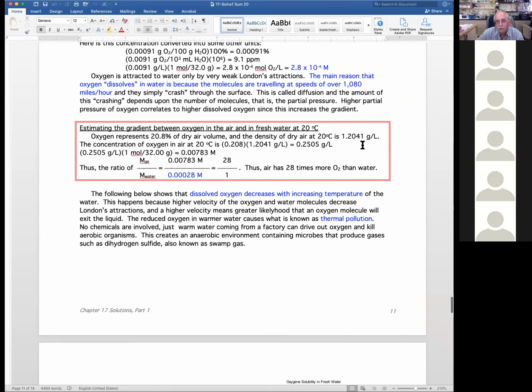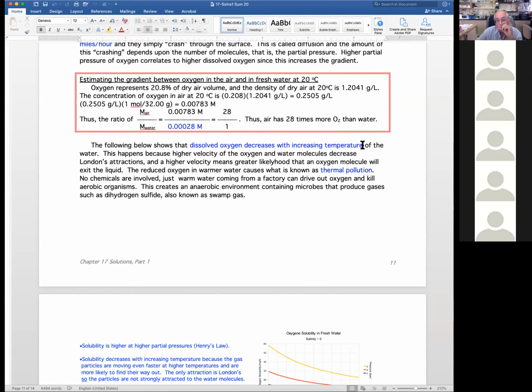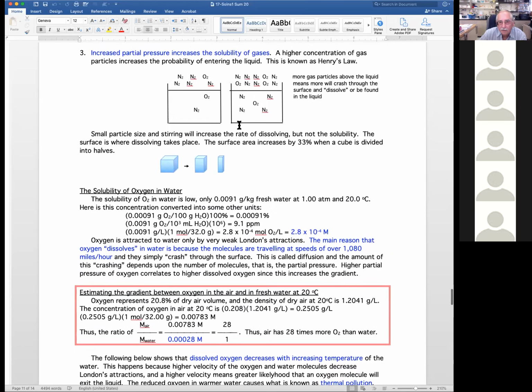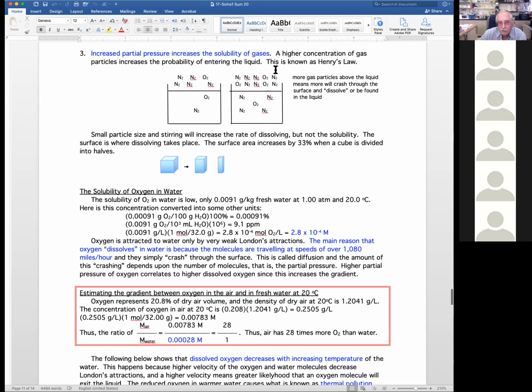So I also did a calculation where I looked at the concentration of oxygen in air versus the concentration of oxygen in water. The ratio turns out to be about 28:1, which means there's 28 times more oxygen up here than there is up here.